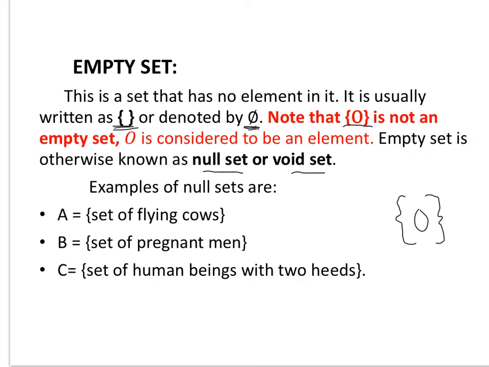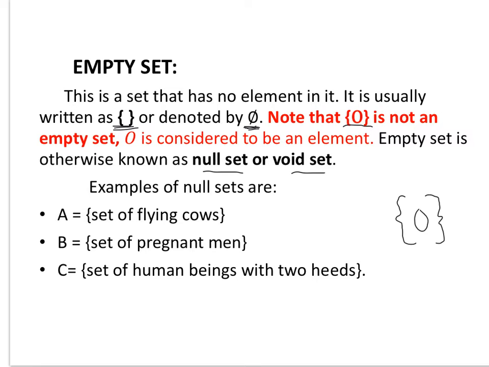Examples of null sets are: A, A is a set of flying cows. We know we don't have flying cows, so there will be no element in A. So A is an empty set. Another one is B. B is a set of pregnant men. We know that men don't get pregnant, so the set of pregnant men will be an empty set because there will be no element in it.